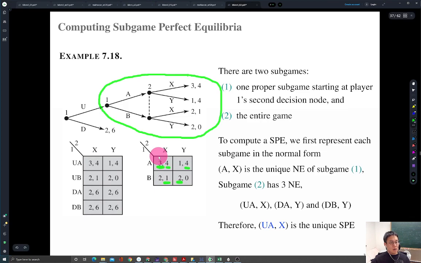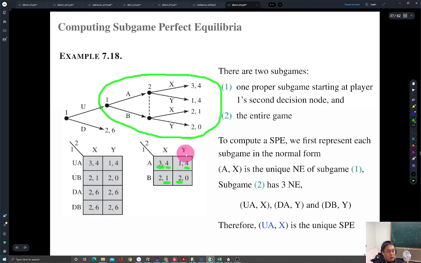Right? So we can see that A comma X is the unique pure strategy Nash equilibrium. I guess there will be several sets of mixed strategy Nash equilibria; let me leave that as an exercise. But if we focus on pure strategy Nash equilibrium, A comma X is the unique Nash equilibrium.